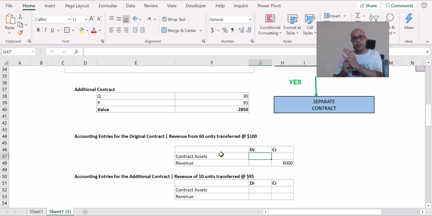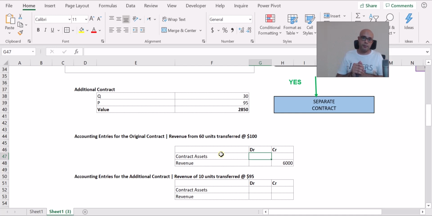As long as you didn't issue an invoice maybe, or there are still some other performance obligations that you have to deliver before issuing the invoice, we are going to record the debit in the contract assets. And this contract asset represents the money that you are still expecting from the customers, but you still have to do something else before asking the customer to pay you.